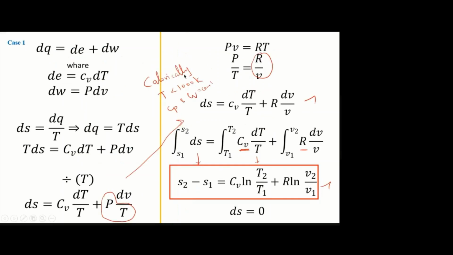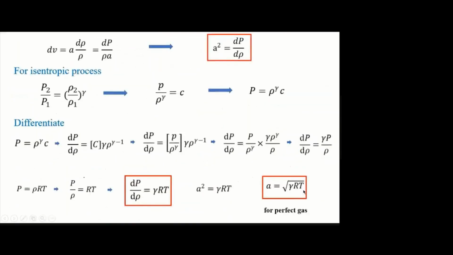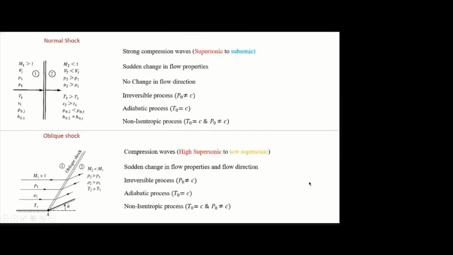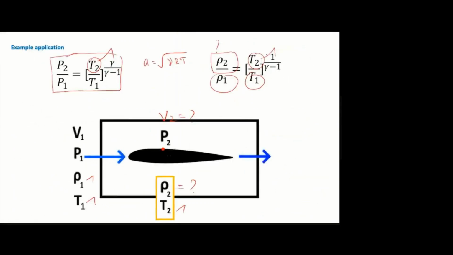Yesterday only explained, right? Mach is V by A. A is equal to root of gamma RT. So M is equal to V by A, sir. Yes, sir. Okay. Then we can find V2 from how to find this V2?